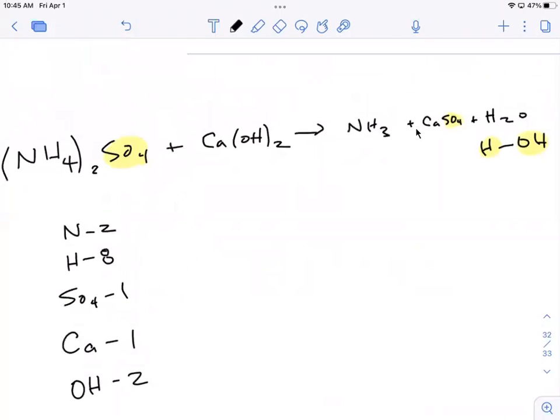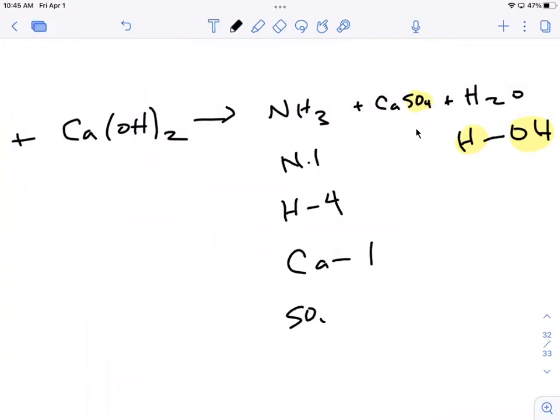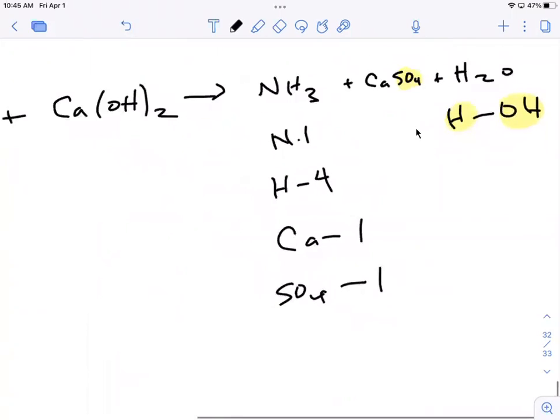All right. On the other side, we got 1 nitrogen, 3 hydrogens, actually 4 hydrogens, 1 calcium, 1 SO4, and 1 OH.